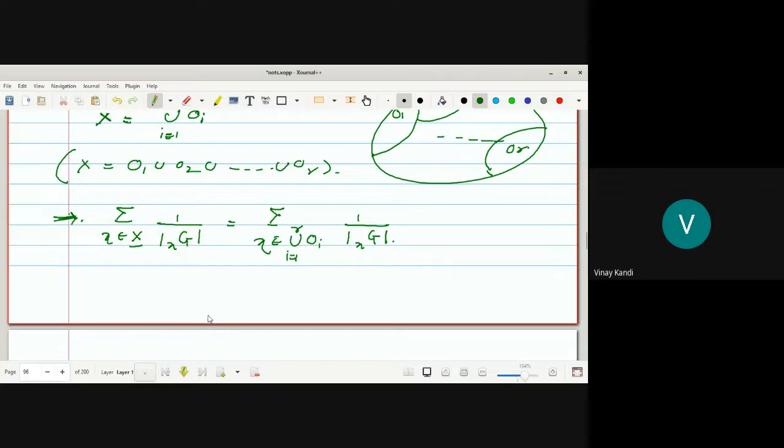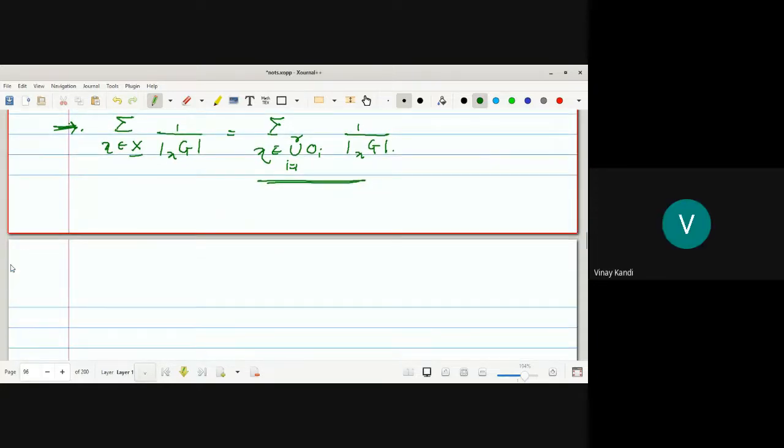Is it correct? Yes, sir. Now look at it, find out this value. Right hand side: summation x belongs to the union i running from 1 to R of Oi, 1 upon order of xg. Now run this x over this union.